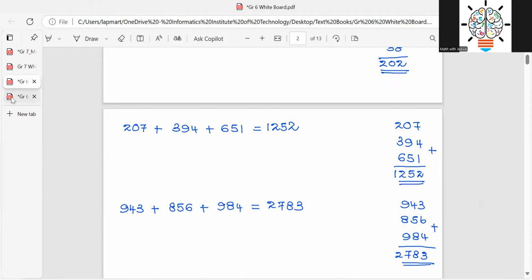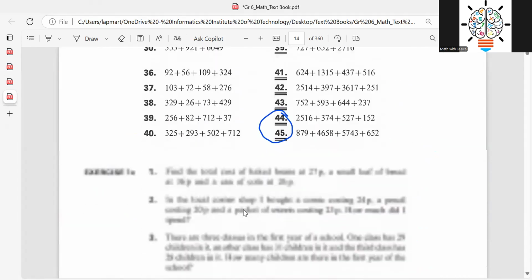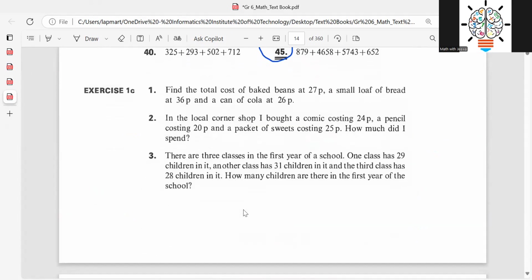Then I asked you to do the word problems, if you can remember. Yesterday I gave you guidance on how to do this. I asked you to do questions 2 and 3. In question 1, we want to get the cost of the baked beans, the cost of the loaf of bread, and the cost of a can of cola.